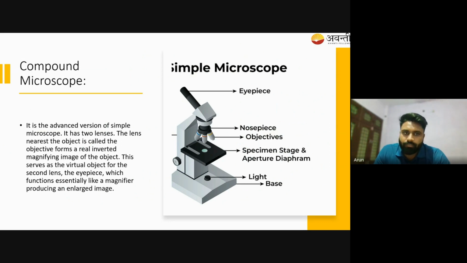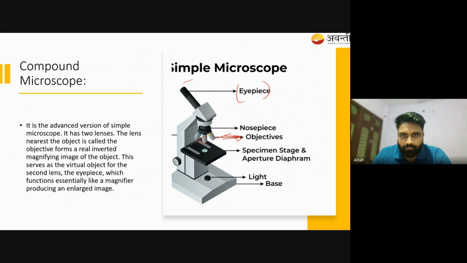Compound microscope. You have seen this picture of a compound microscope. Here we have used two lenses: one is called the eyepiece and one is called the objective. Here multiple objective lenses have been used. It is not a simple type of compound microscope, it is the advanced version of it.